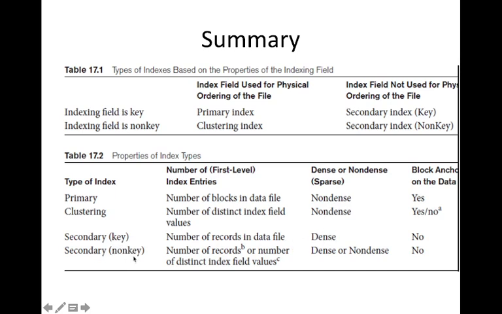In secondary non-key, it can be dense or non-dense, depending on how you use it. If you are using that indirection, then it will be dense. So there are no block anchors; block anchors are available only in these two, primary and clustering.